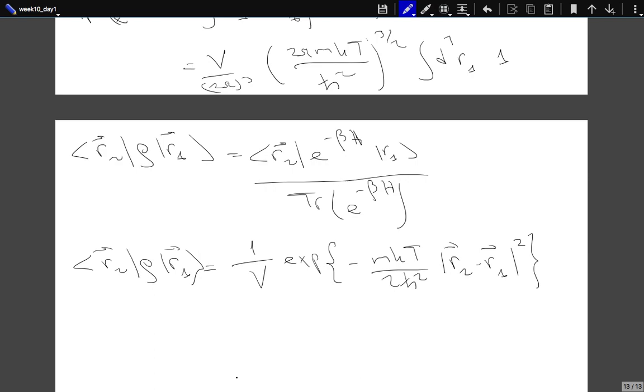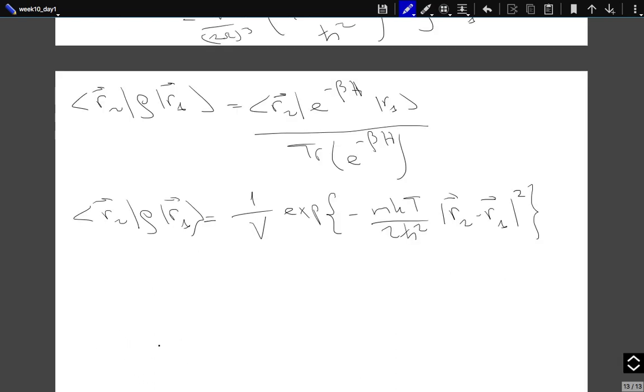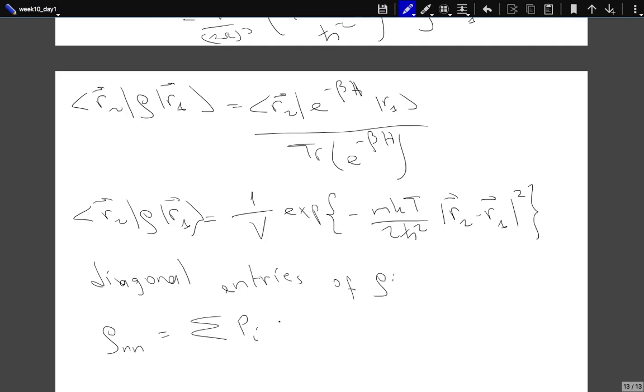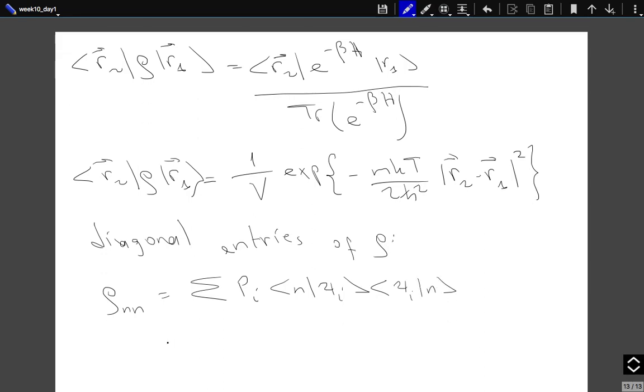Now, the diagonal entries of rho, let's look at this one in general. This was p_i and psi_i, n, which is p_i times the absolute value of n psi_i squared.